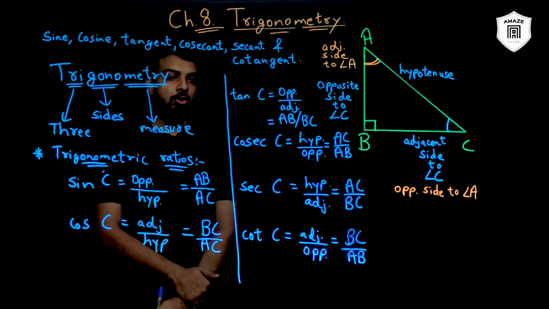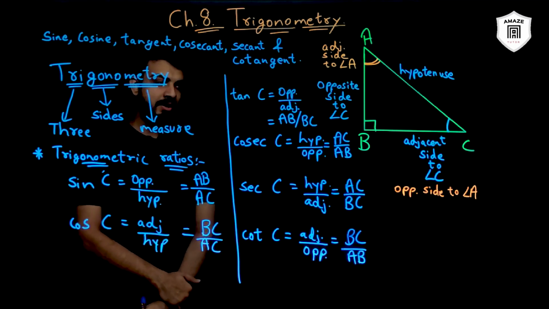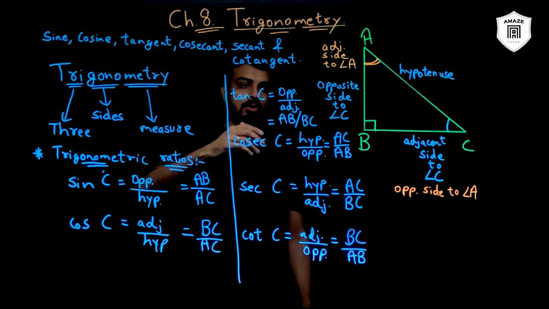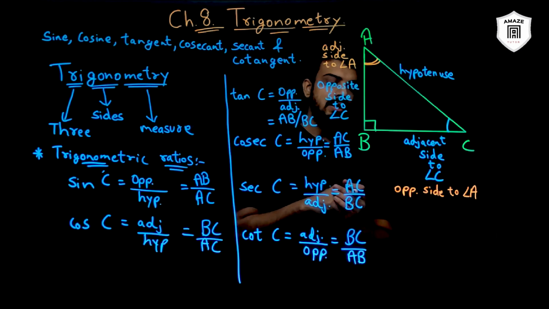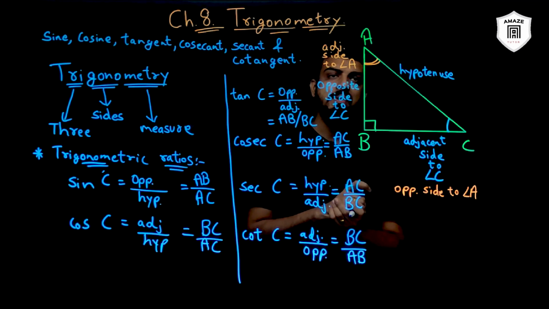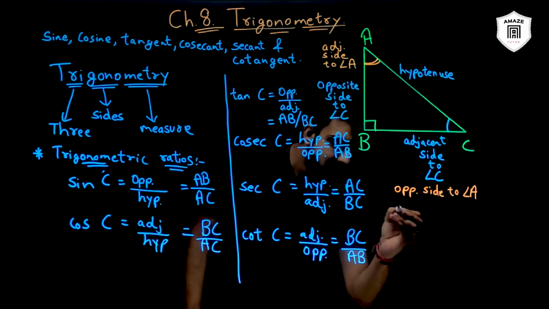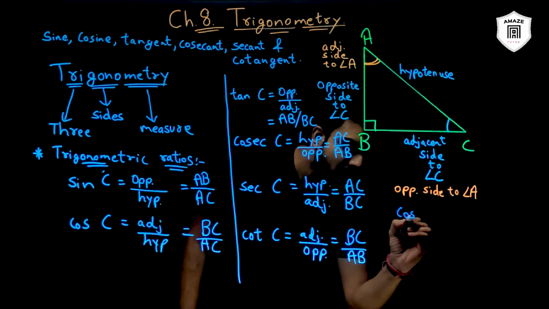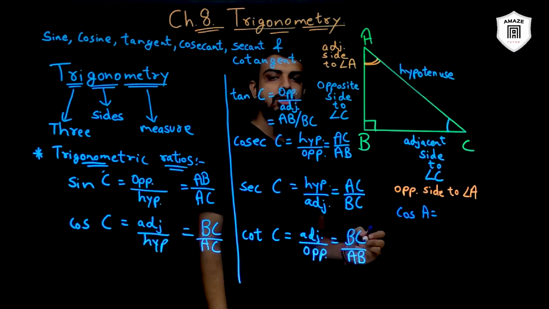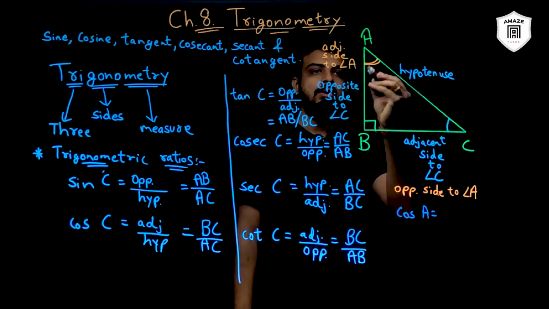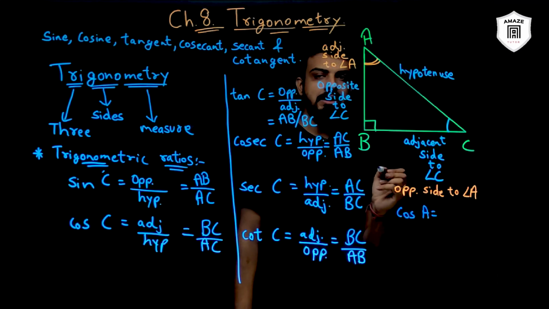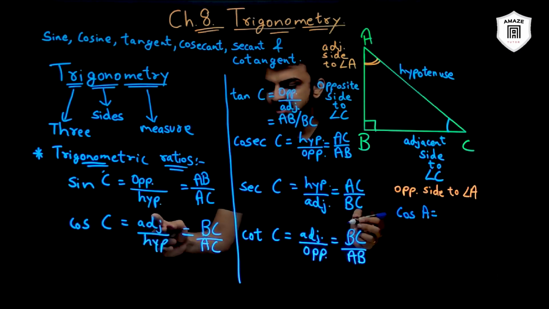Okay. So next part is, can you answer? Let's just see this. What will be cos A? Just taking any random example. Cos A is basically adjacent upon hypotenuse.